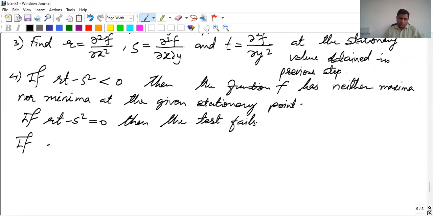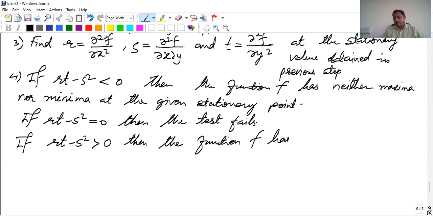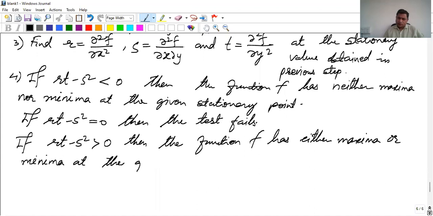Now if RT minus S square is greater than 0, then the function f has either maxima or minima at the given stationary point.